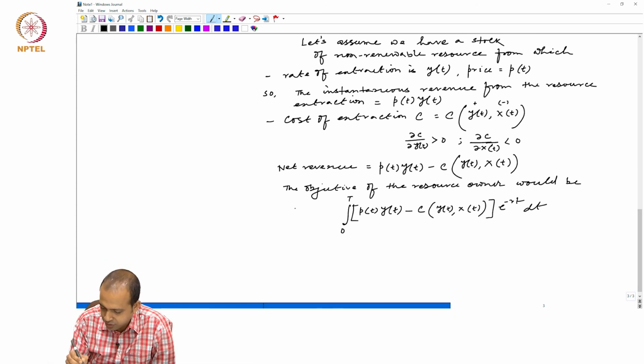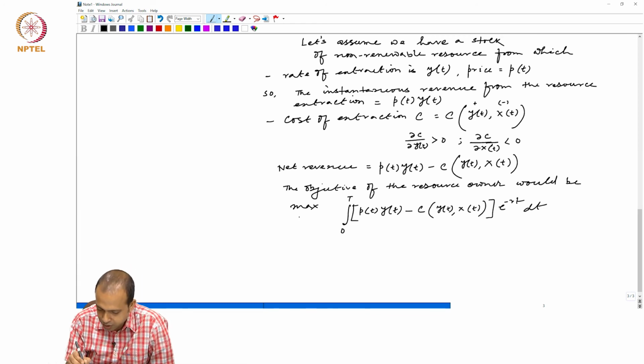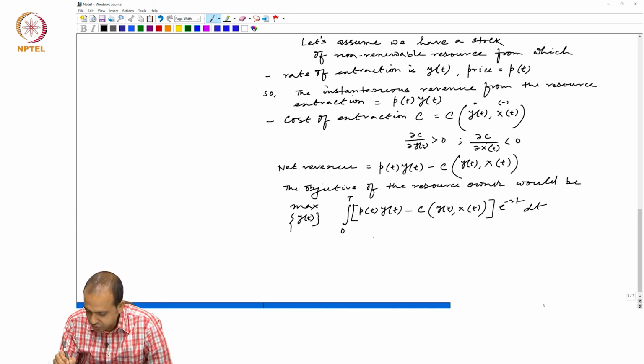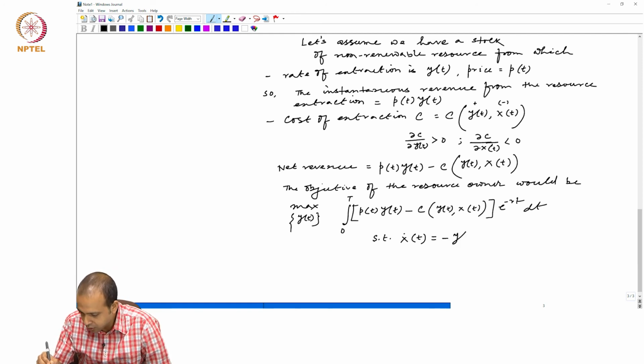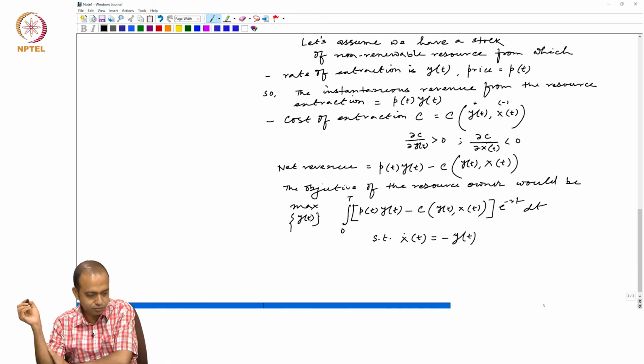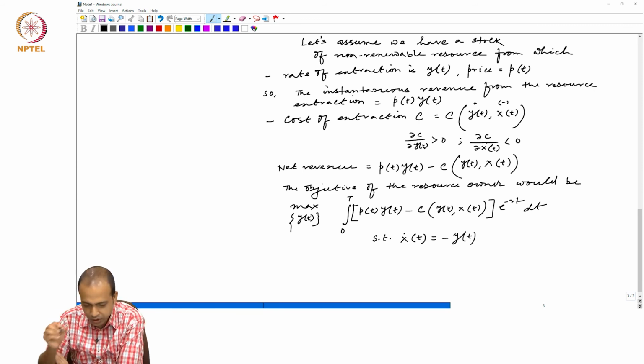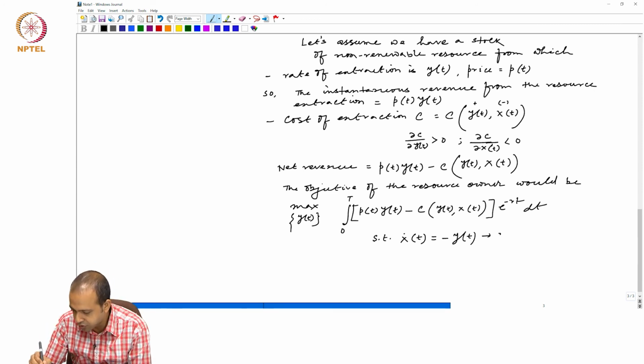So, that means maximize this, and what is the control variable once again? The YT. And what is the constraint here? The constraint is basically X dot T, that means change in stock is negatively related with rate of extraction. Okay. This is called the dynamic constraint we talked about earlier.